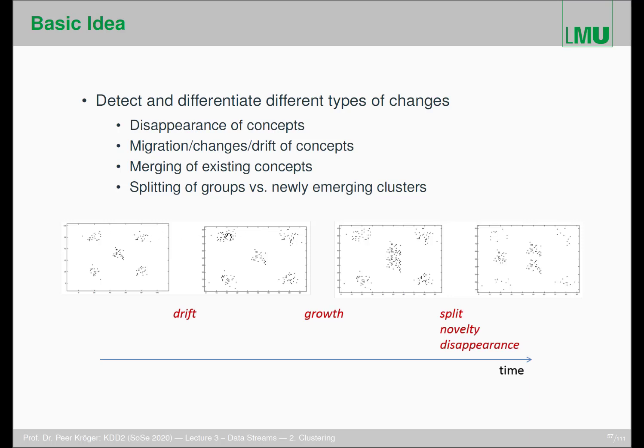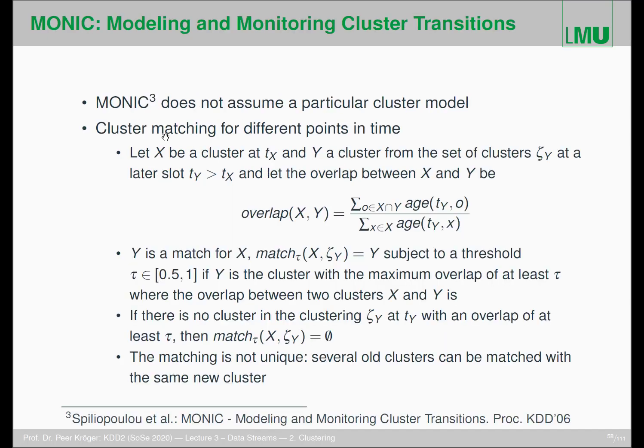So how do you know that this cluster in this time slot matches or represents this cluster from the previous time slot? Yeah, so you need a kind of cluster matching concept, and this is what MONIC actually proposes.